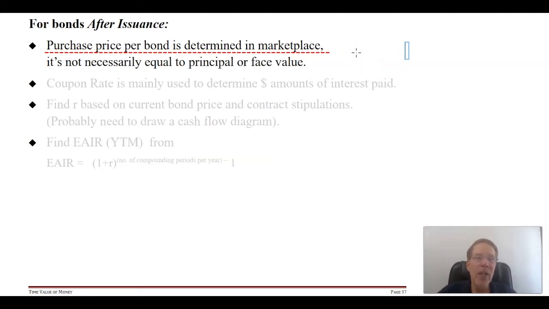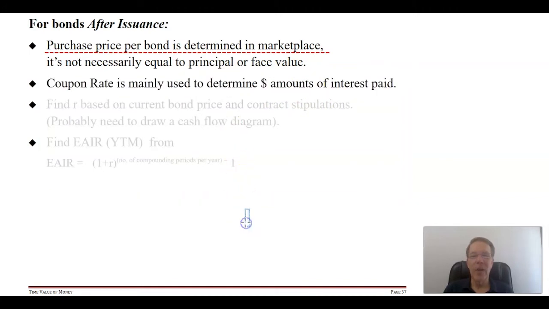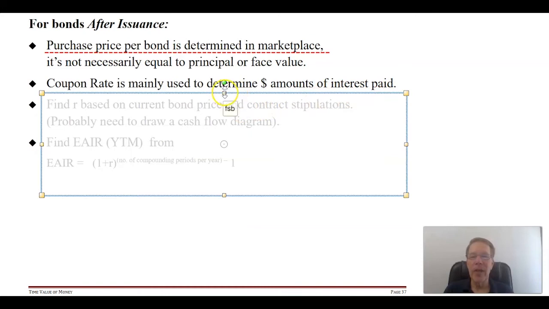These days, a lot of bonds are trading at higher than face value because interest rates are so low across the board. So the purchase price is not in general going to be equal to principal or face value. Now for this type of situation, the coupon rate is mainly just used to determine the dollar amounts of interest paid every 6 months, okay?